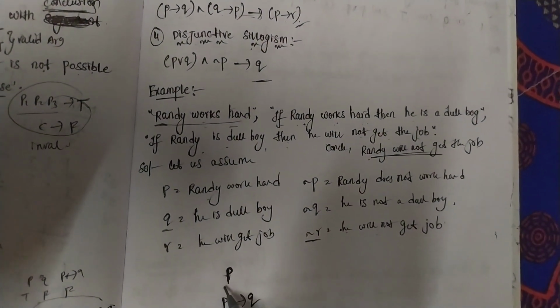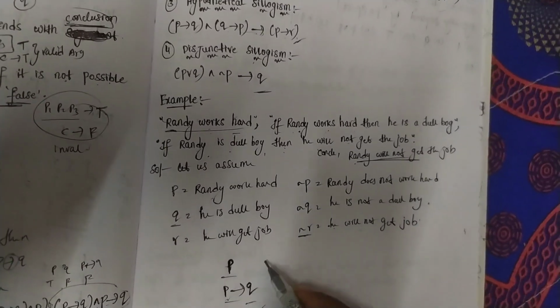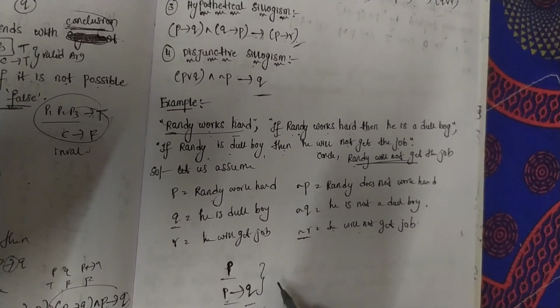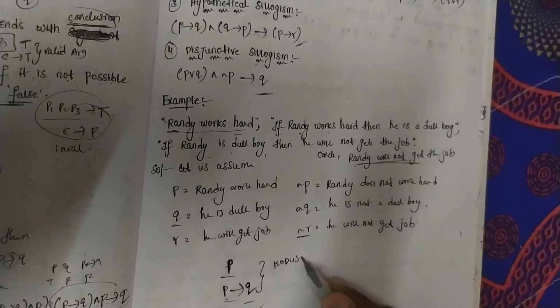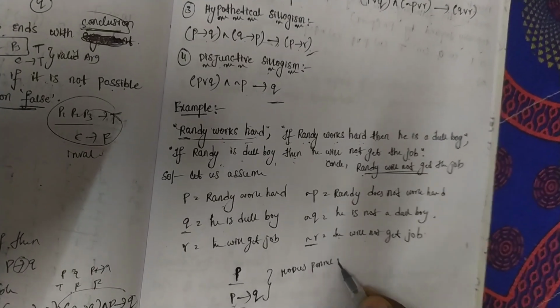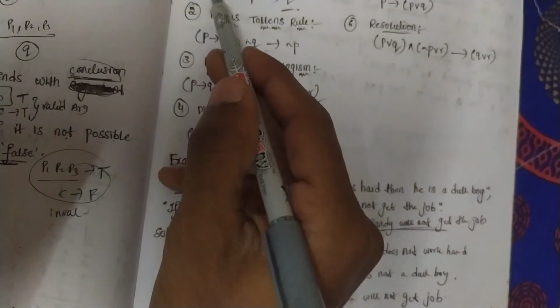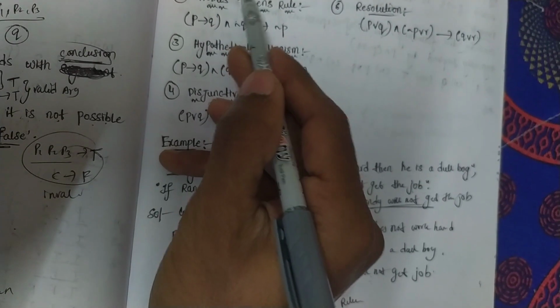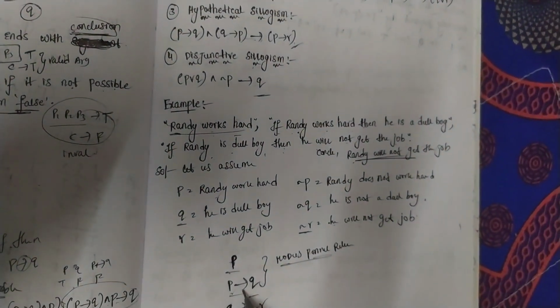Here you can see P is there, and P implies Q is there. By seeing this, we can use the modus ponens rule. The modus ponens rule says P implies Q and P gives Q. So here P is there, P implies Q is there.